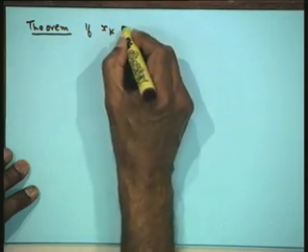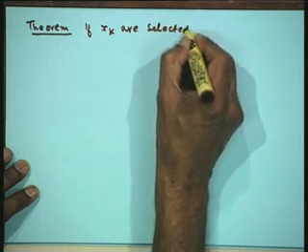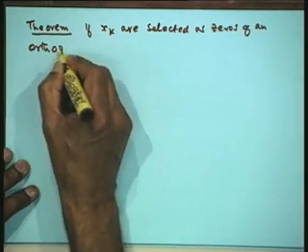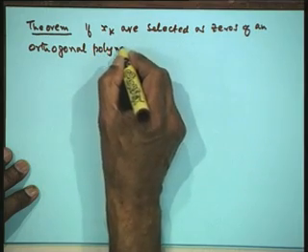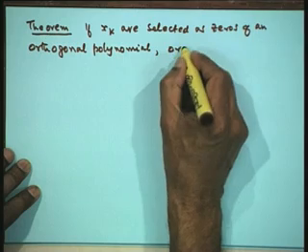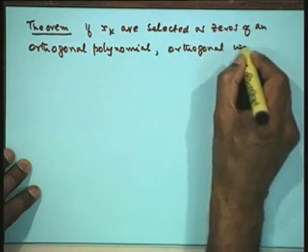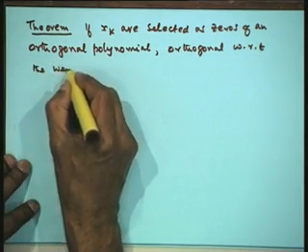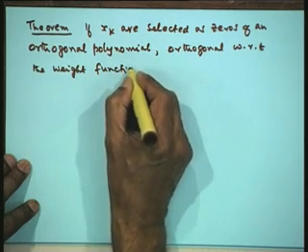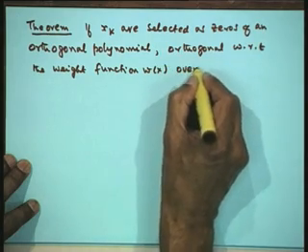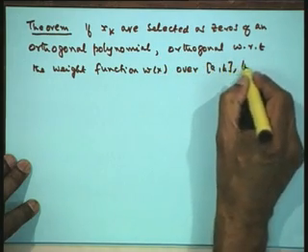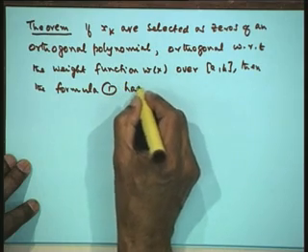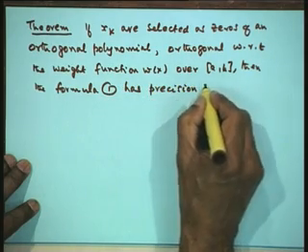If x k are selected as zeros of an orthogonal polynomial, orthogonal with respect to the weight function w x over the given interval a b, whatever the interval that is given to us, then the formula 1 has precision 2 n plus 1.